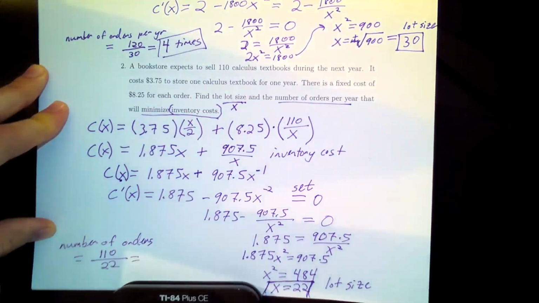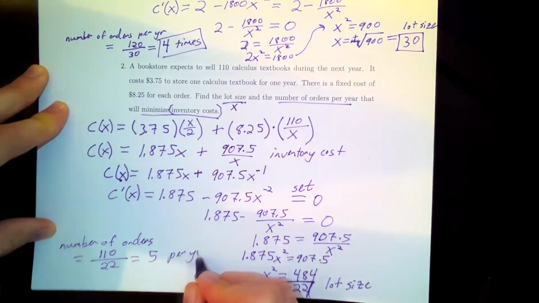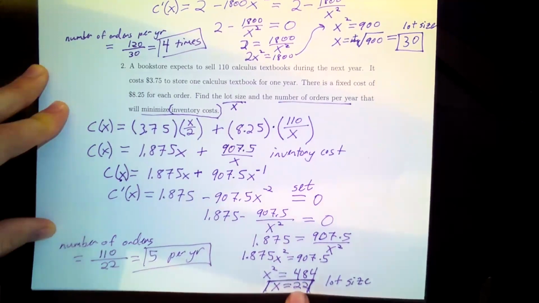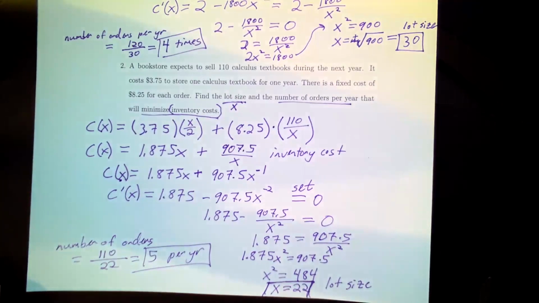So if you take 110 divided by 22, you get 5. So if we make 5 orders per year, and each time you make an order, you order 22 books, this will minimize the inventory costs. And that's it for this problem.